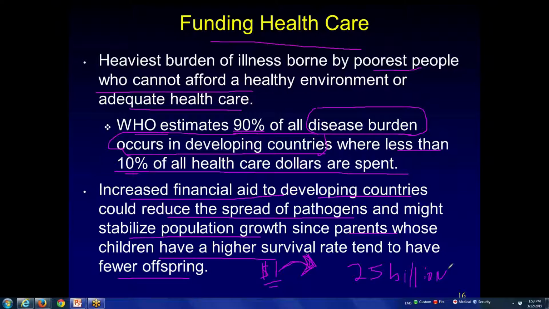Like, for example, if all of the richest countries gave the $25 billion, that's only about 0.1% of their annual gross domestic product, or GDP. That's not too much, just 0.1% gave, then we would see a great improvement. We'd save 8 million lives a year and probably boost the world economy.